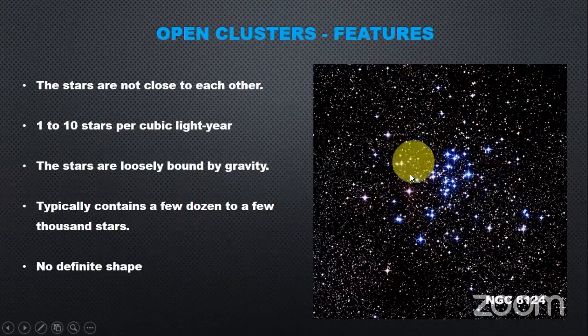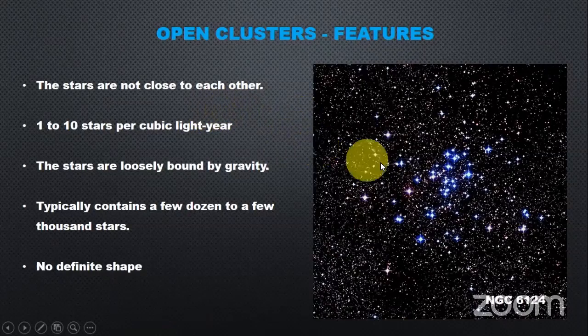But what makes it an open star cluster? One of the things that makes it an open star cluster is that the stars are not too close to each other. What do I mean by that? If you look at this picture, you would see that the stars are actually very close.